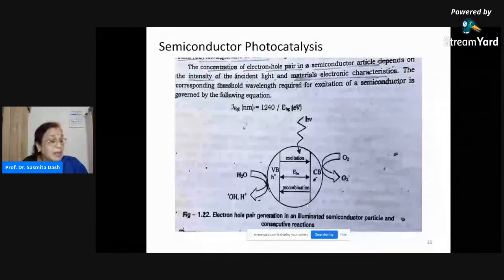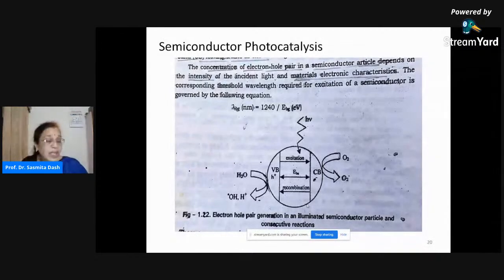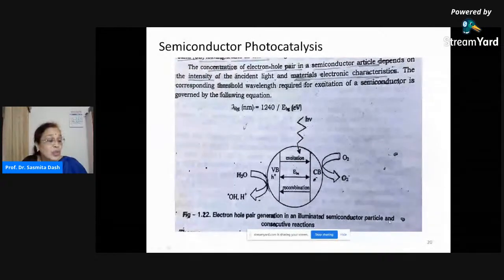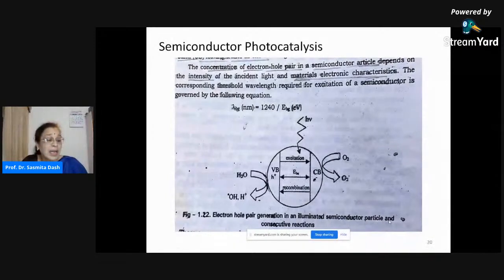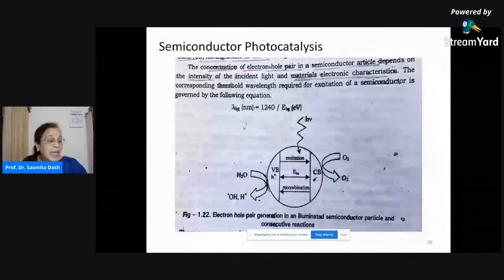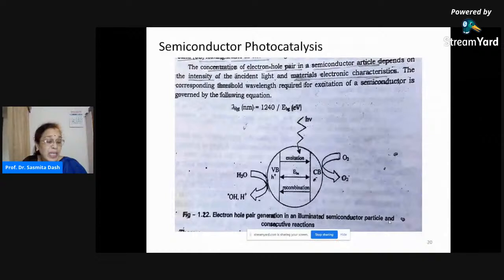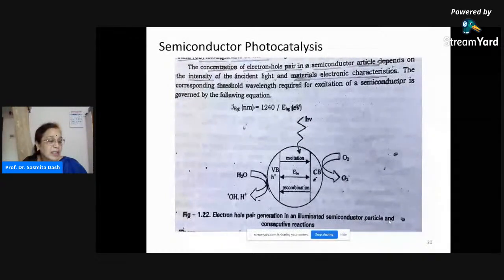There is a minimum requirement for a semiconductor which has to be satisfied. There should be a suitable electron hole scavenger, because the photo-generated electron hole pairs may recombine and dissipate the input energy as heat within a few nanoseconds.